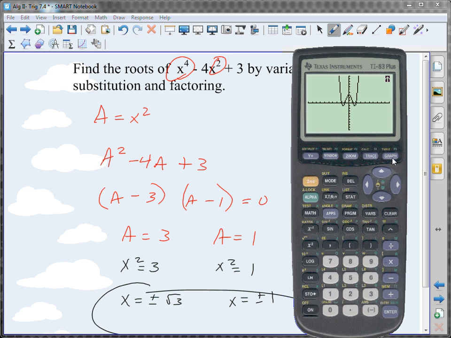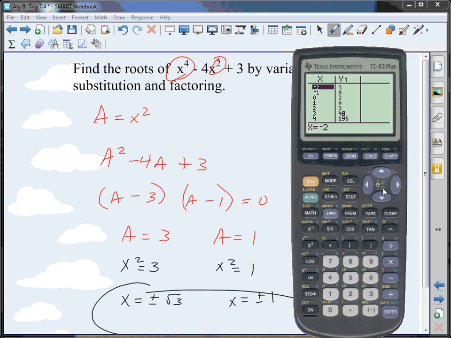If I look on the table, I have a 0 at negative 1. I have a 0 at positive 1. Now the square root of 3 is 1.7 something. It happens in here. You don't see it on the table. Oh, so that's what we were talking about. Can't find them. So right here are my zeros from the graph.